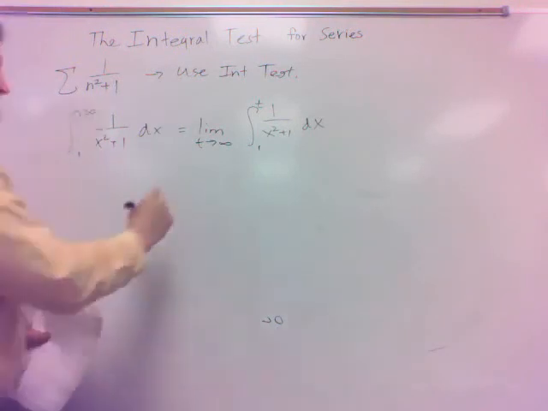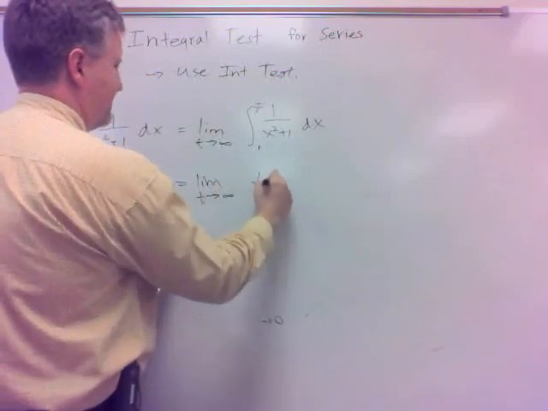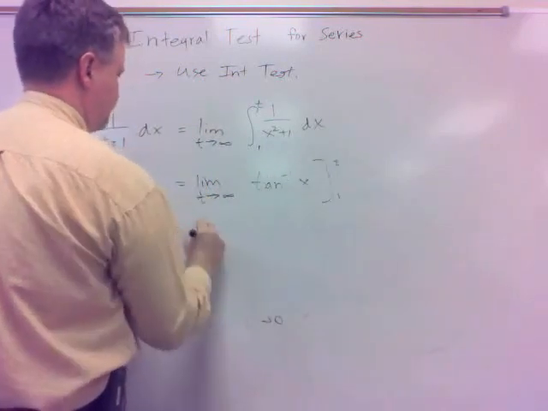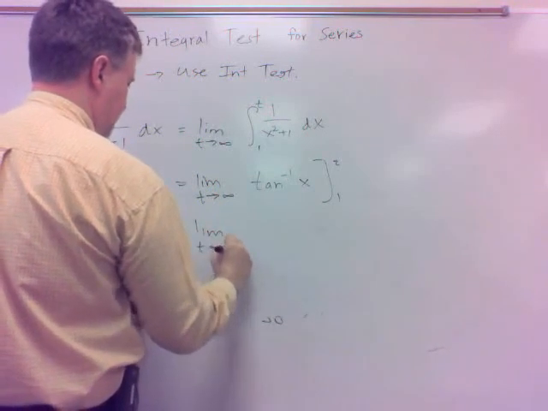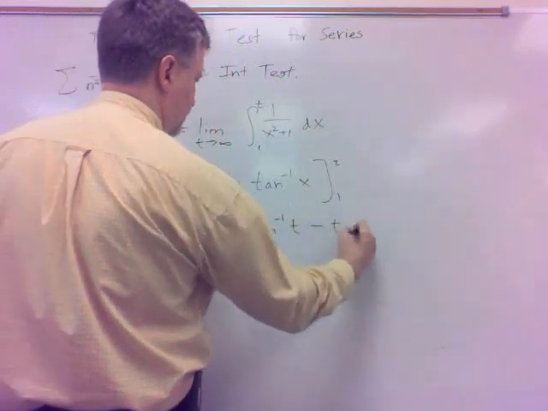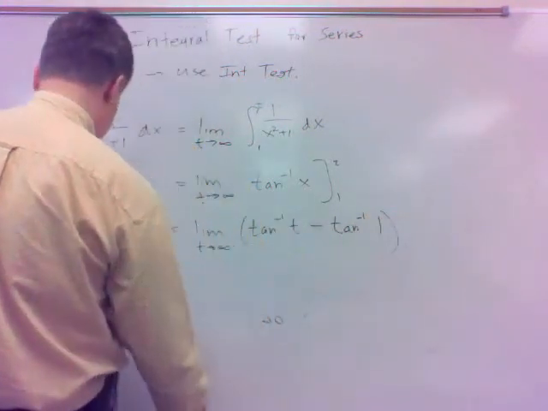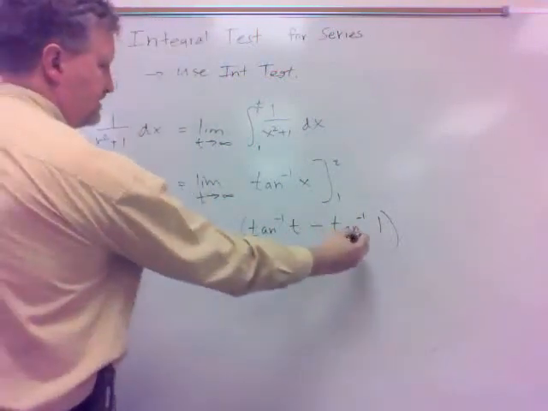Tan inverse. Just to remind you there. All right, so this is tan inverse of x from 1 to t. So it'd be tan inverse of t minus tan inverse of 1. Well, easy one first.